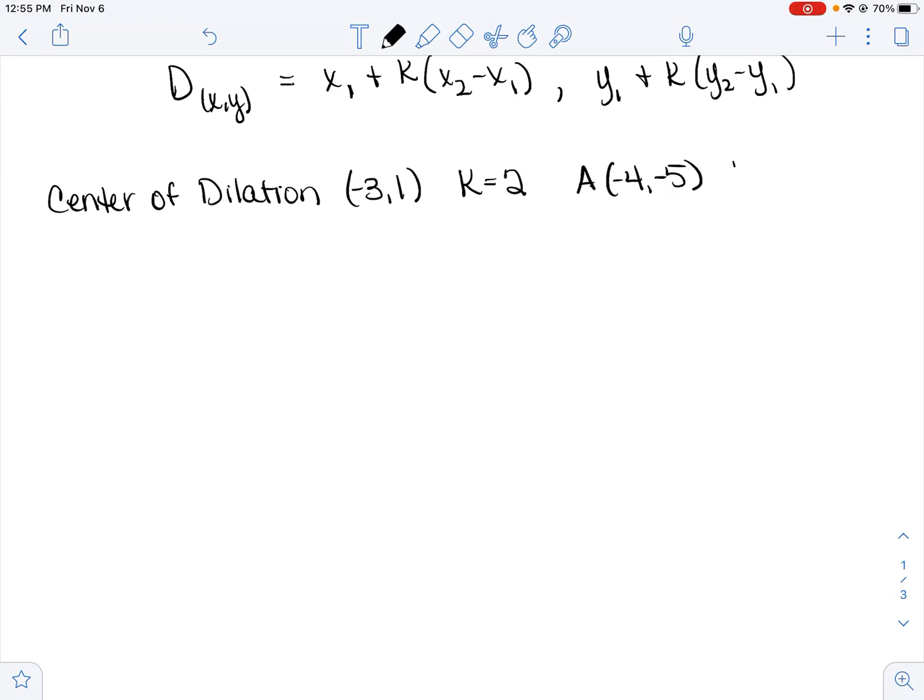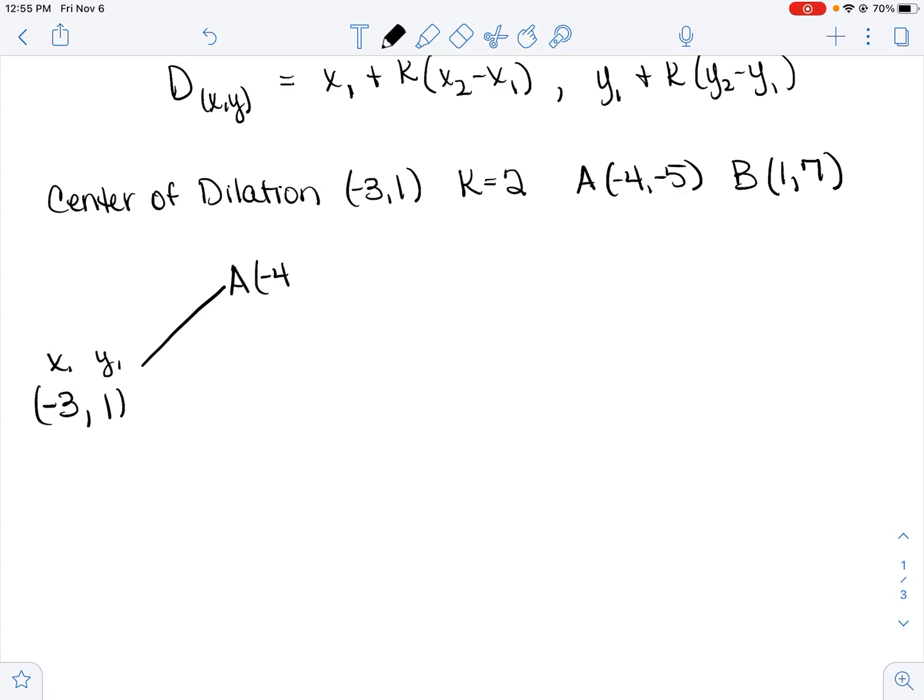Let's go ahead and throw another point in there so we can make AB a line segment instead of just dilating a point. So I'm going to make that 1, 7. All right, so this is what we've been doing the last several days in class. We've been taking -3, 1. That's our center of dilation. That's our x1, y1.